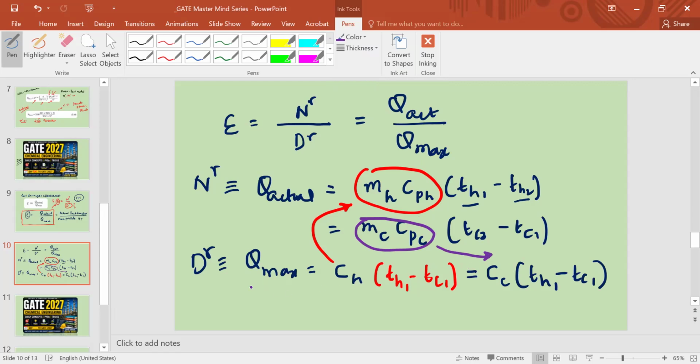So definitely Q max means the minimum of these two values. If you have calculated two values, the minimum of these two values can be taken as our Q max. That is the way heat exchange effectiveness is calculated.